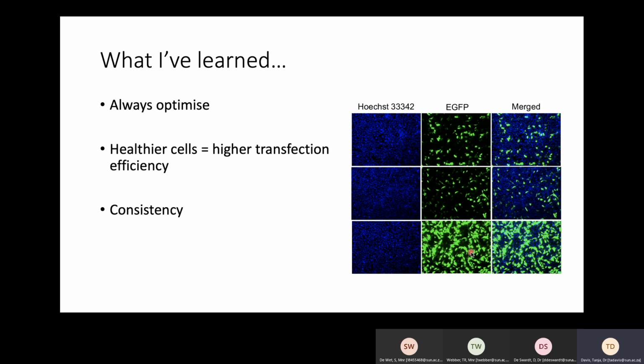Because you have to keep a ratio between the plasmid DNA and the reagent, if you add more of the plasmid DNA, you'll probably end up adding more of the reagent. And that might stress out the cell, and it can lead to cell death.